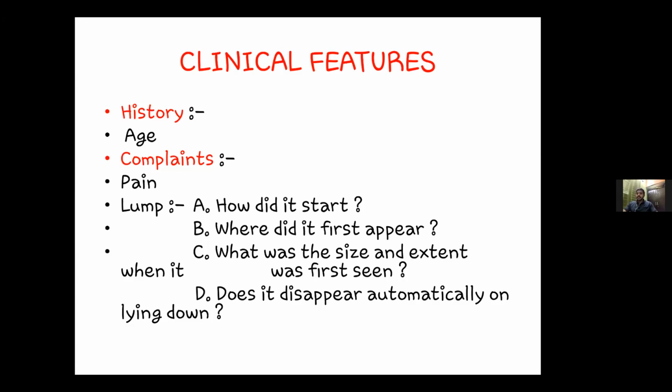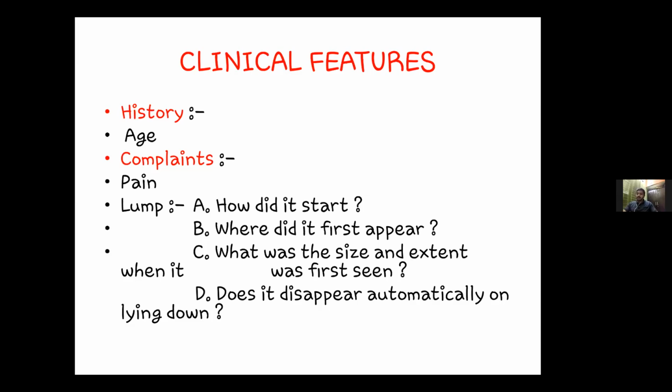Next question is: where did it first appear? In case of inguinal hernia, the patient says that he or she has seen the swelling above the inguinal crease, and most of the time the inguinal hernia extends from the inguinal region to the scrotal area.